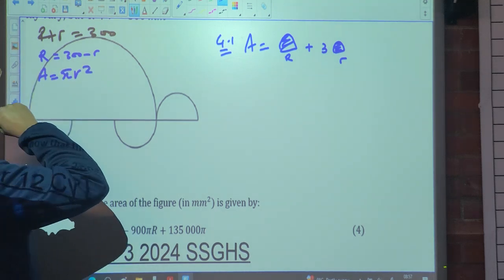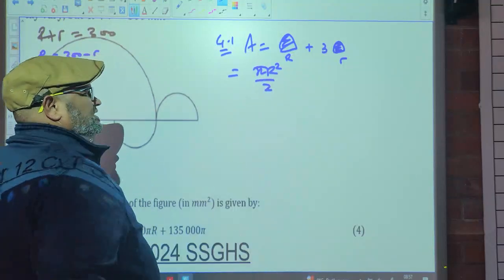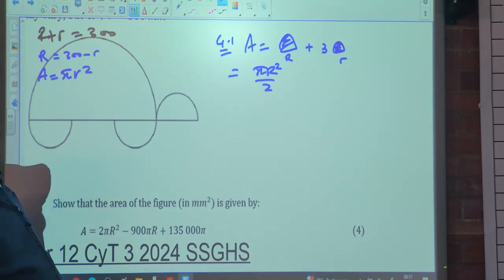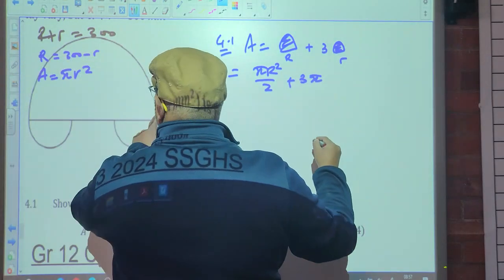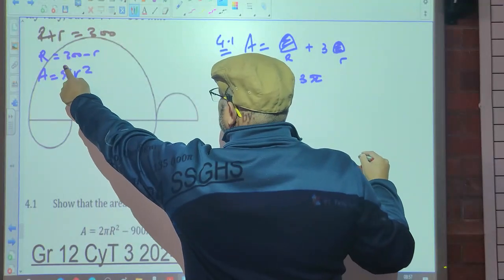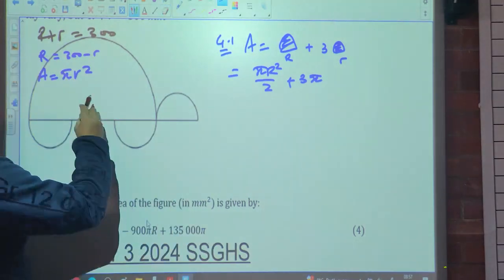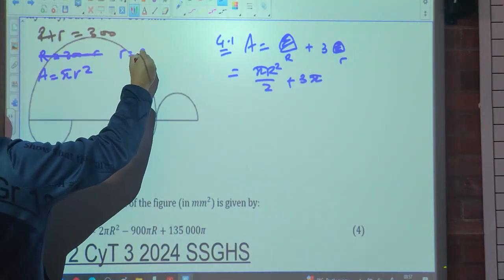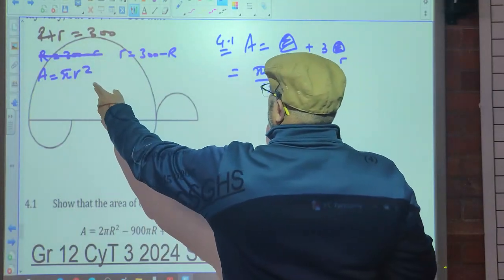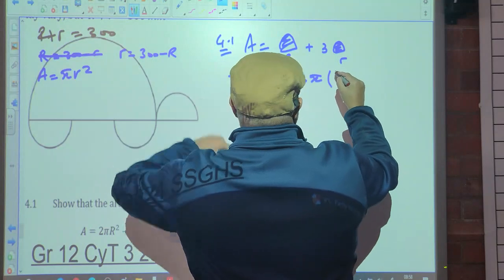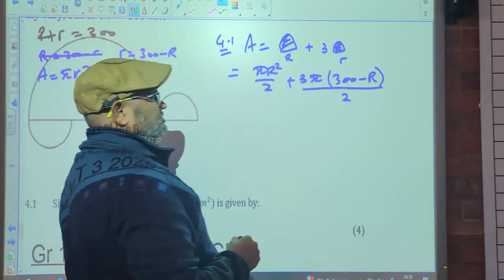Pi r squared. So the area of the large semicircle is going to be pi R squared divided by 2, because that's semi. Plus 3 pi r squared over 2, my radius now of this circle, sorry, the other way around, the lowercase r is equal to 300 minus R. So there's going to be pi r squared, but my r is now 300 minus capital R, and that must also divide by 2.